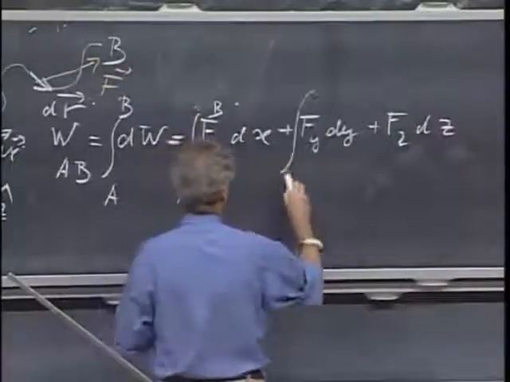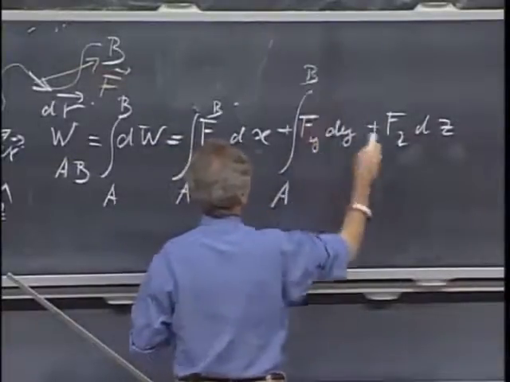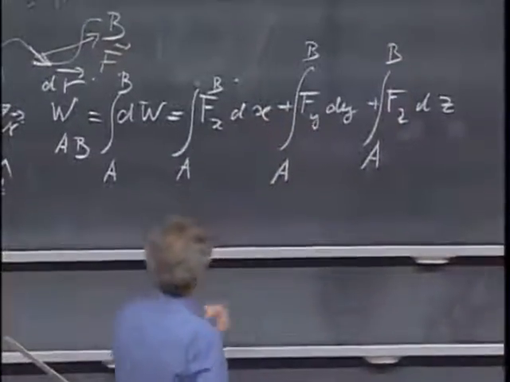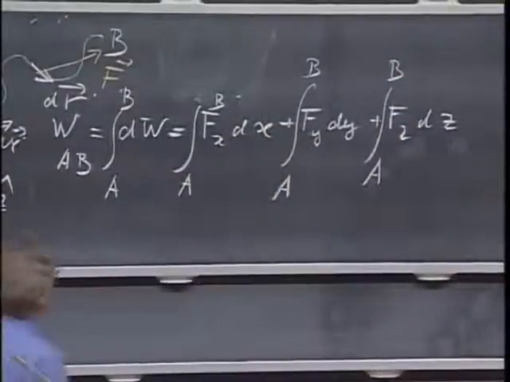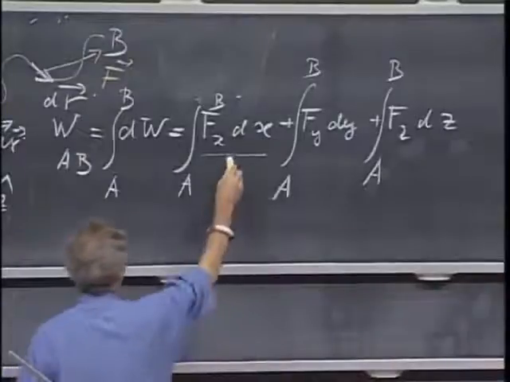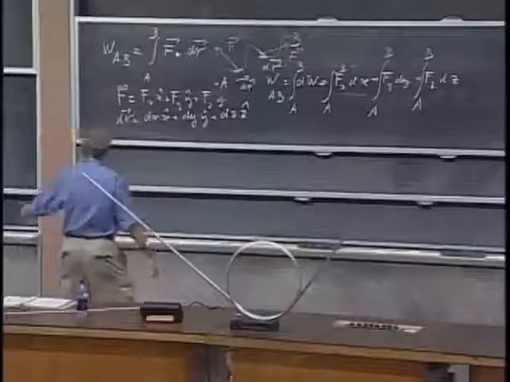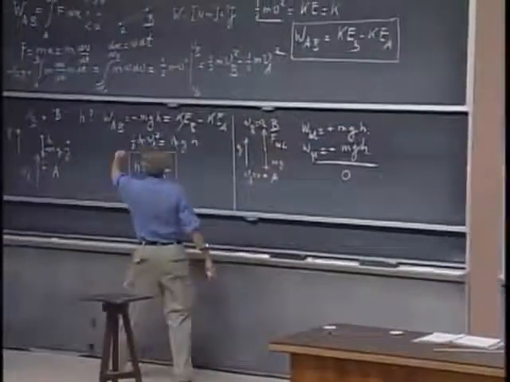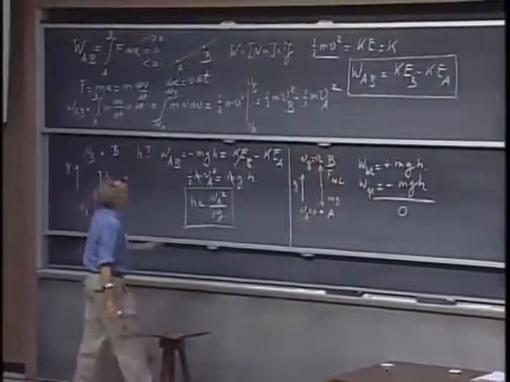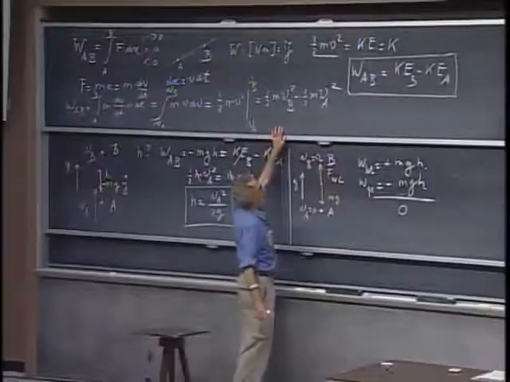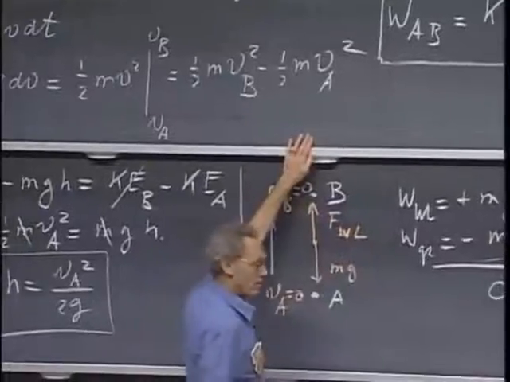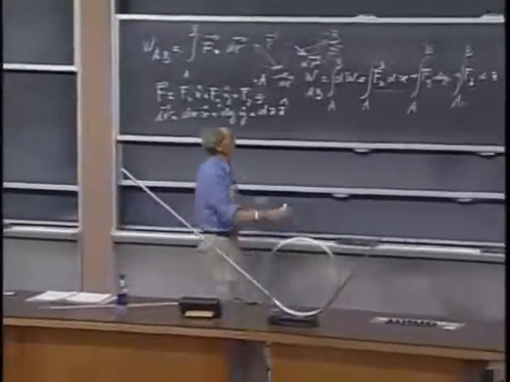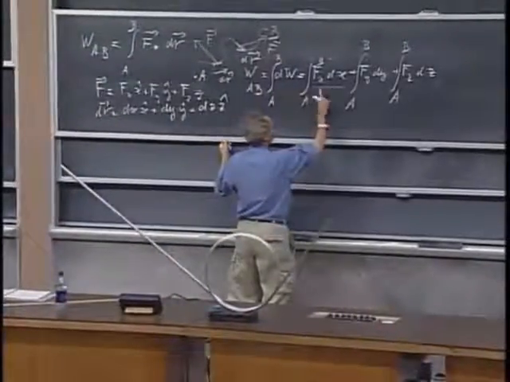Integral going from A to B, integral going from A to B. Now we're home free because we already did this. This is a one-dimensional problem, and the one-dimensional problem we already know the outcome. The integral f dx, we found that is 1/2 m vb squared minus 1/2 m va squared, which in this case is obviously the velocity in the x direction, because this is a one-dimensional problem.